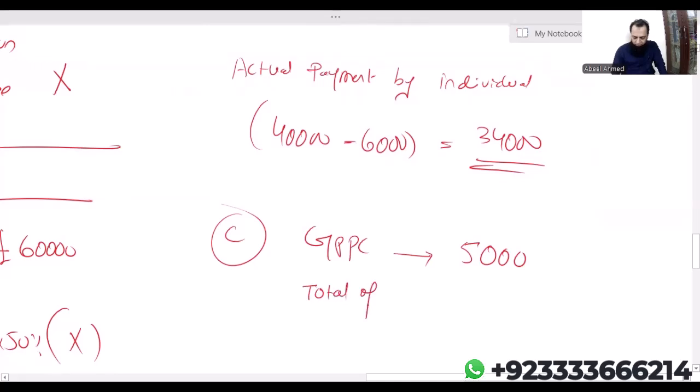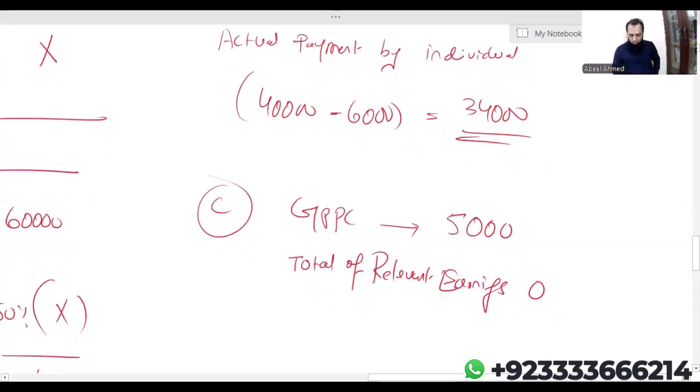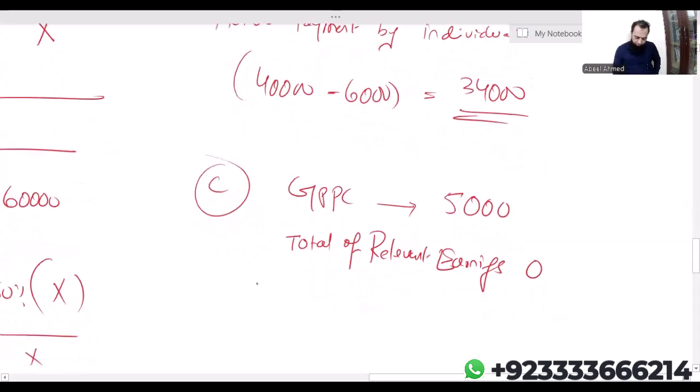Total of relevant earnings is 0. This individual does not have any trading profit, any employment income, or any income from furnished holiday letting. So the total relevant earnings are 0. This individual has other incomes but no employment income, trading income, or income from furnished holiday letting.